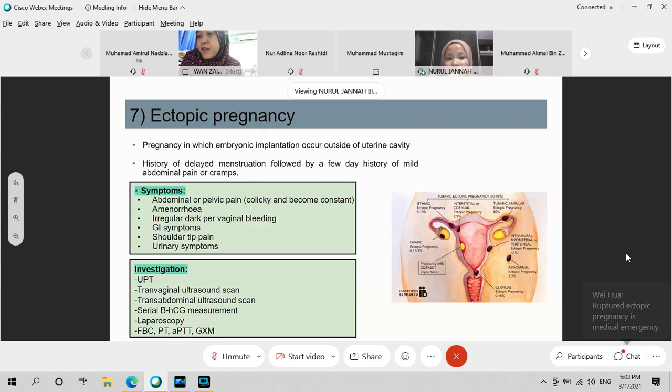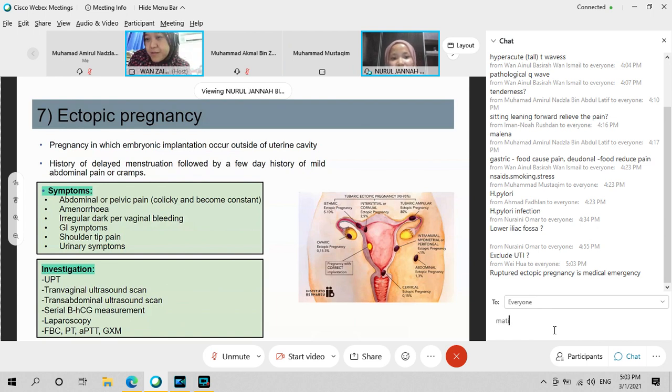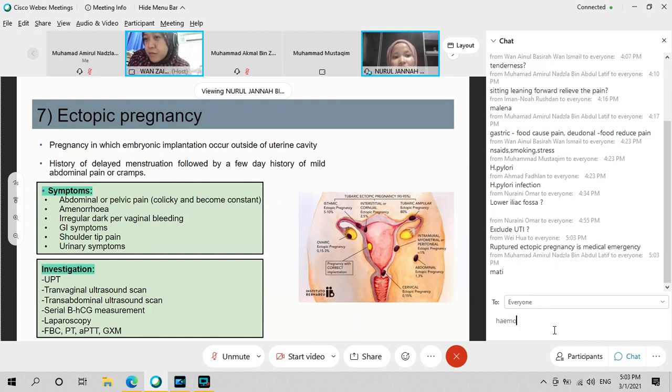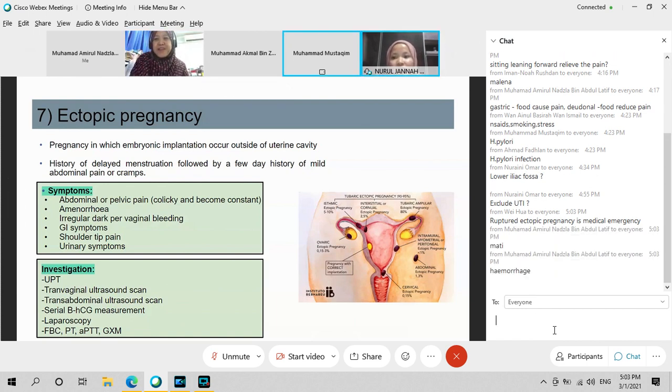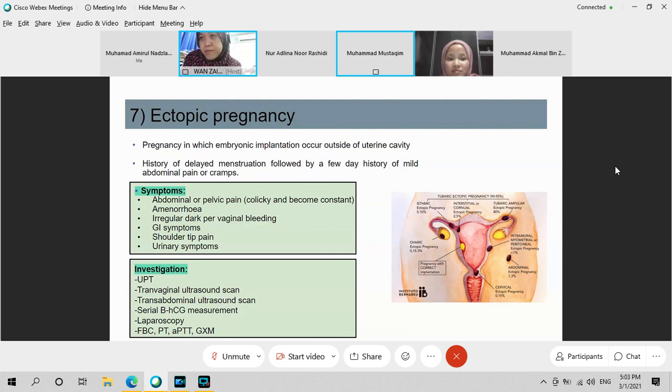If it ruptures, is that okay? What happens if it ruptures? Hypotension, then shock and then death. There is intraperitoneal bleeding, a massive bleed. The patient will have hypovolemic shock because of the massive intraperitoneal bleeding.